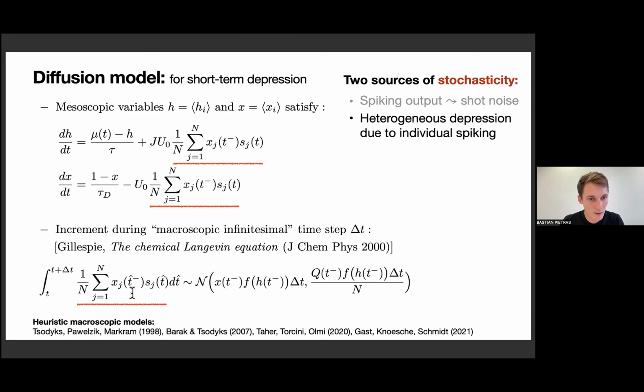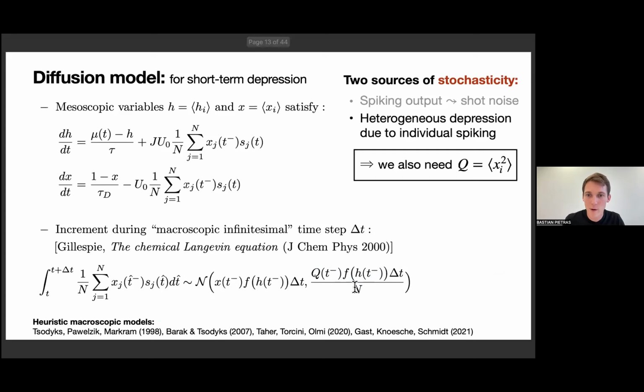This term here can be described by a Gaussian with mean and variance. And while usually heuristic macroscopic models forget about this variance, we here explicitly account for the variance as well. We see the variance here scales with 1 over N. So we really have these finite-size fluctuations.